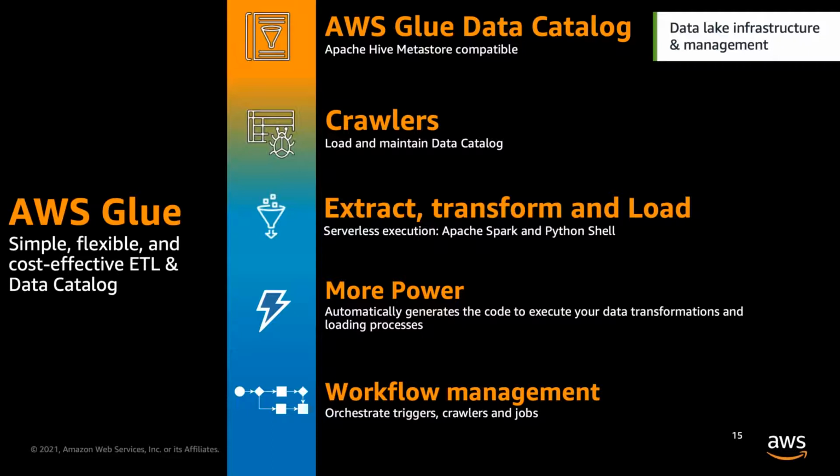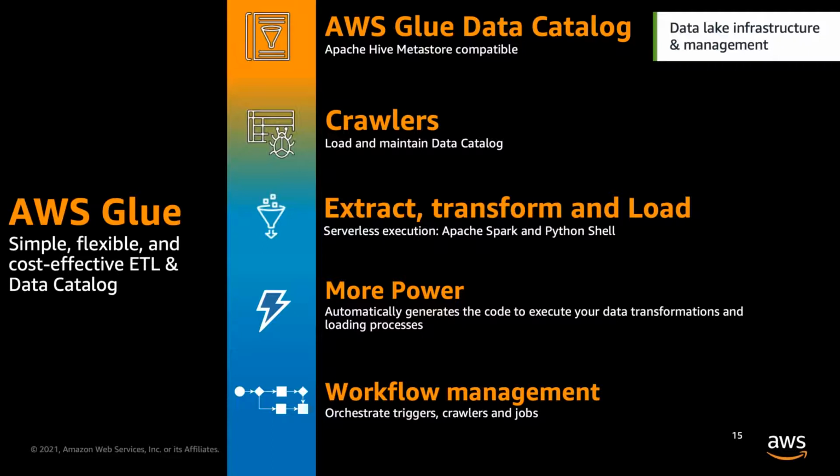AWS Glue is a managed service that provides three different functionalities, and I call them the triple Ds. The first is Discover. It discovers the data using the Glue Data Catalog, which is a fully managed Hive-compatible data catalog. How would you populate this data catalog?